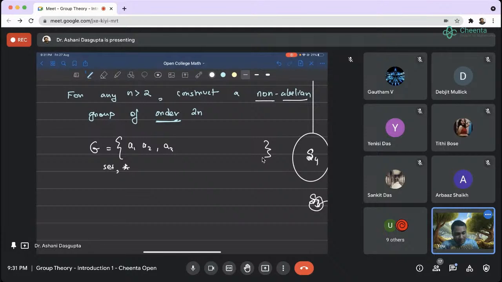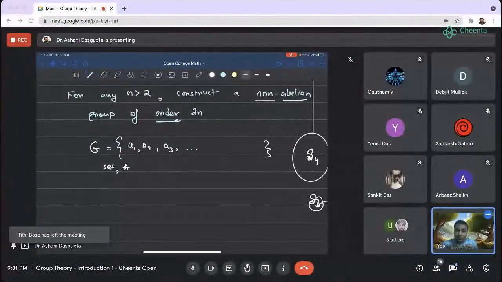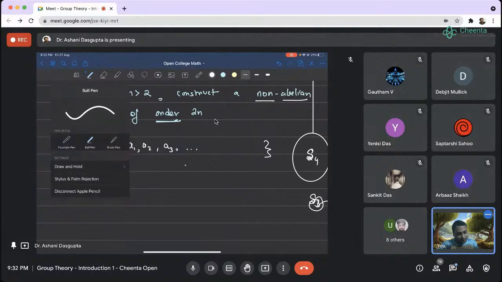When I write 1, 2, 3 like this, I must say that I am just saying that the group is countable. There are many examples of groups which are not countable. But anyway, let's not worry too much about it for the moment.